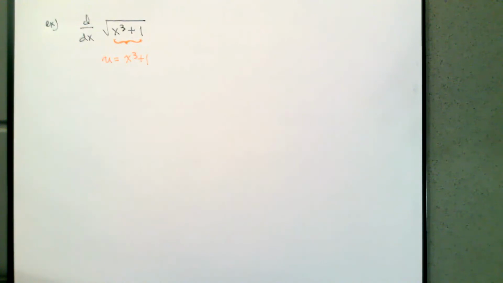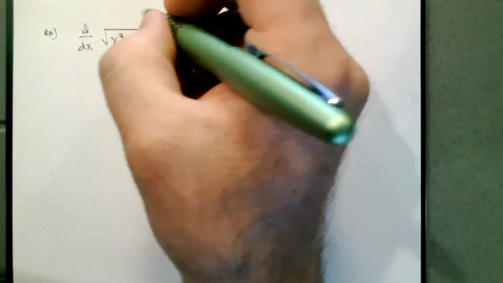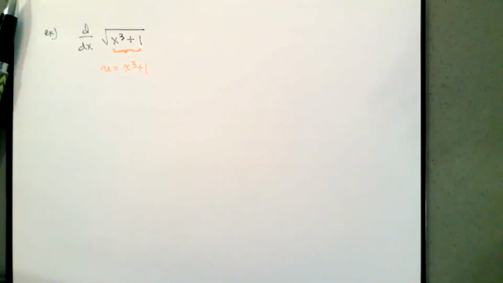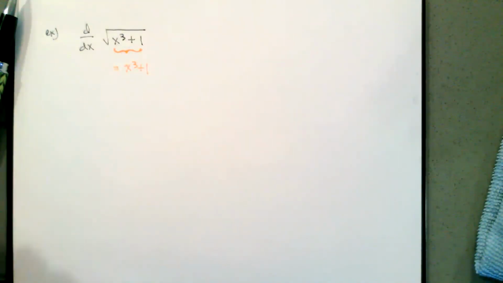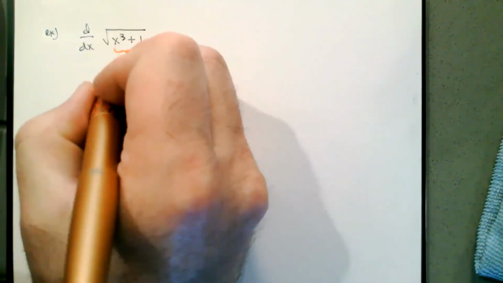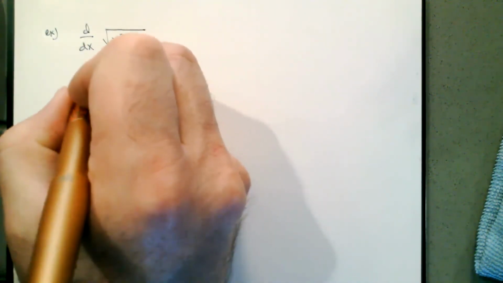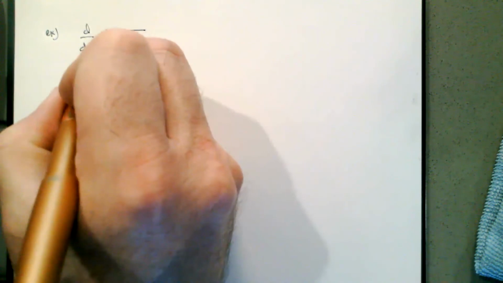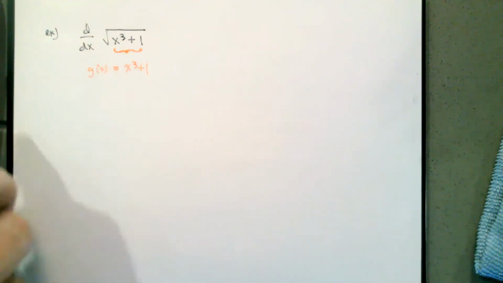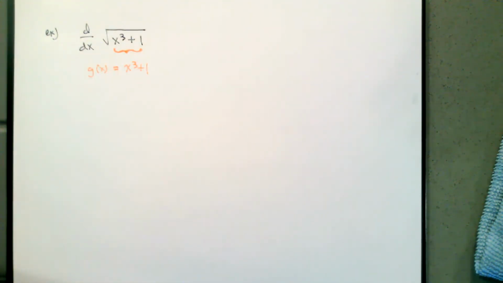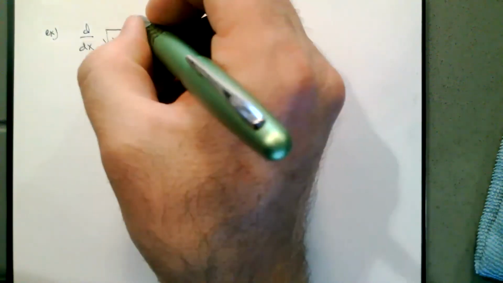And then the outside function, oh, I used f and g, so that's our g of x. Then our outside function, f of x, would be the square root.